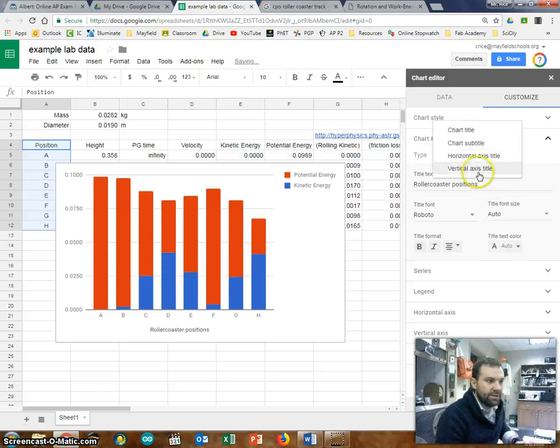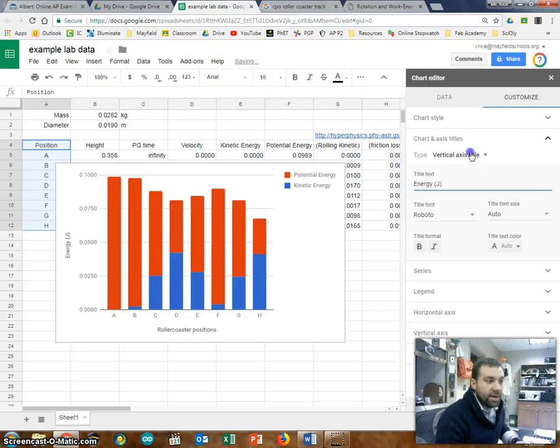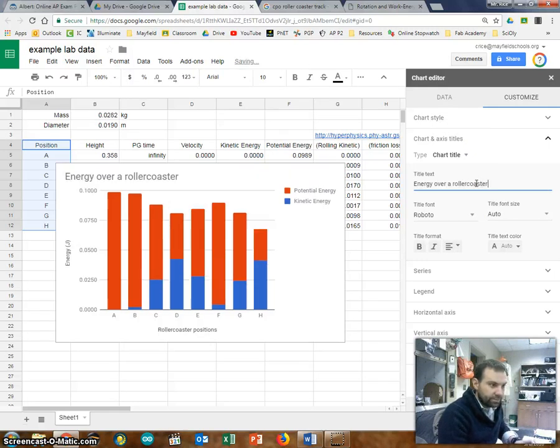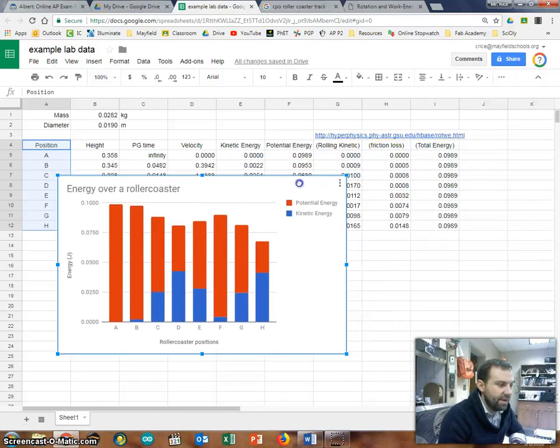And then I can change my vertical axis title, energy in joules. And I can put in my chart title, energy over a roller coaster. Maybe I should capitalize a little bit there. But this is the quick version of that graph that you need to make.